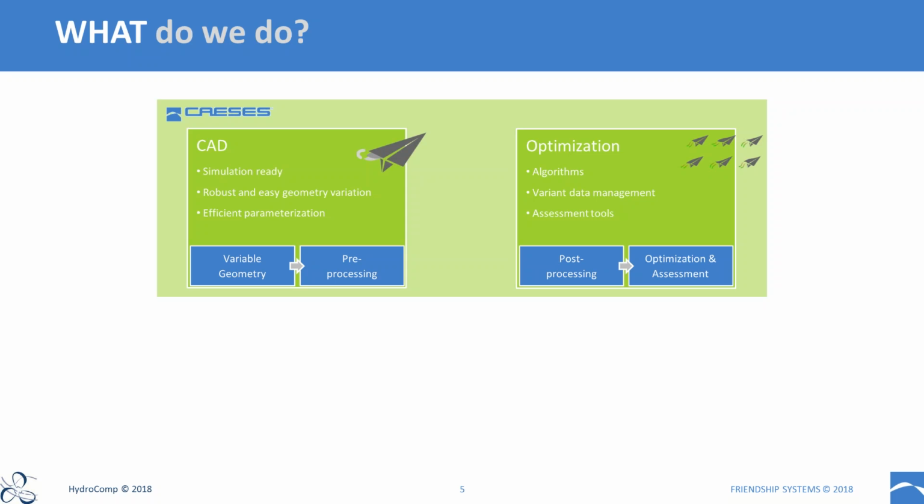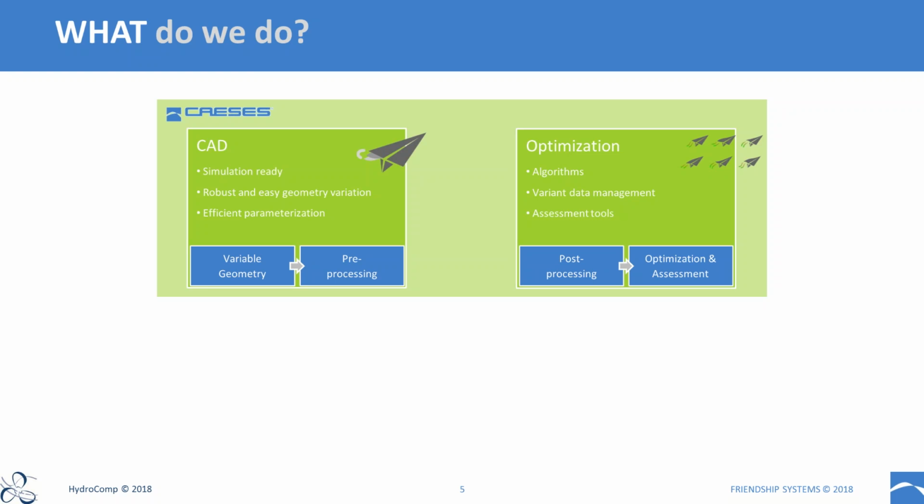The second component of our system is everything that has to do with the CAD modeling and CAD description of a geometry. Here we have a very specialized CAD tool in our software that has a focus on providing simulation-ready geometry that can be used directly to run any kind of computations with it. Most importantly, we have a focus on geometry variation.